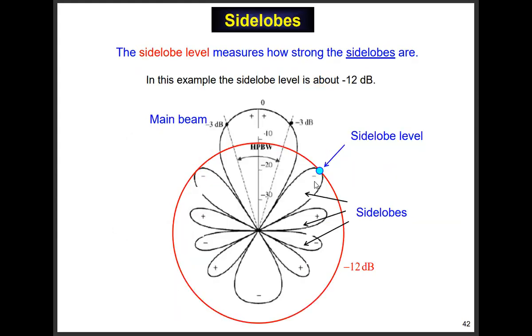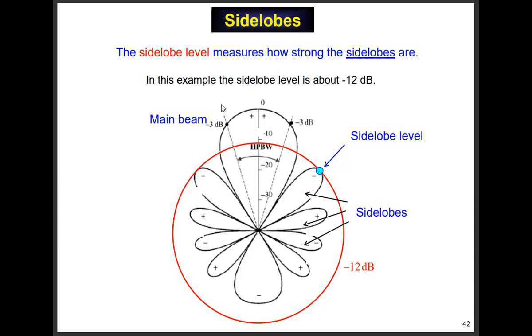Okay. Now, again, we don't normally like these side lobes, but it's reality. We usually get them. So engineers will talk about what the side lobe level of an antenna is. What they're usually referring to is they look at the strongest of the side lobes, because that's the worst case, right? The biggest one, and look at what the dB level is of it, and that's how they classify the side lobe level.